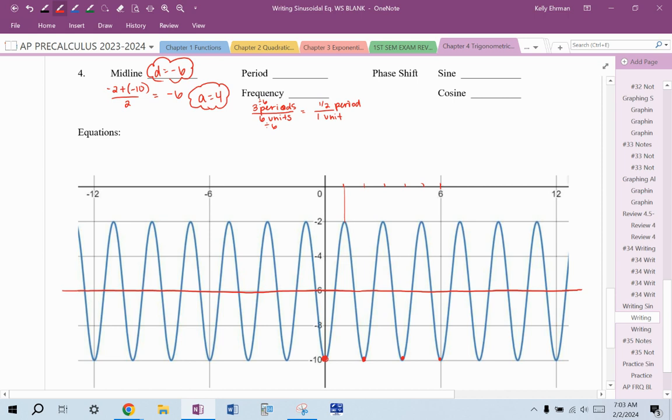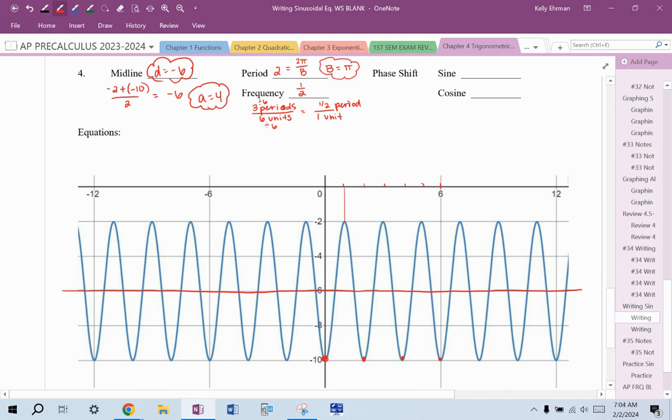That's half of a cosine curve. So that makes sense. Okay, the frequency is 1/2, half of a period per 1 unit. That means the period is 2. And now that we have the period, we can say, well, okay, what's B? B is 2 pi divided by 2, so B is pi for this one.